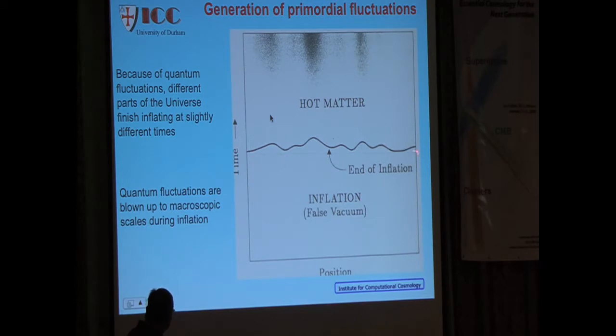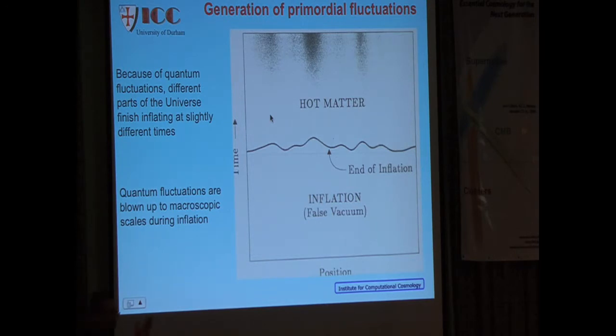What you see here is that because of quantum fluctuations, not every part of the universe emerges out of inflation at the same time. Different parts of the universe finish inflating at different epochs, and that seeds the universe with small fluctuations in the energy density, which are adiabatic, meaning that matter, radiation, everything is compressed in the same way.